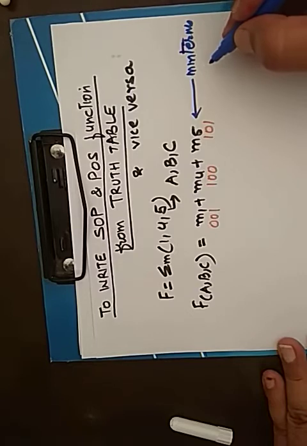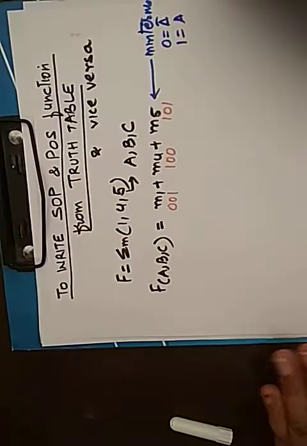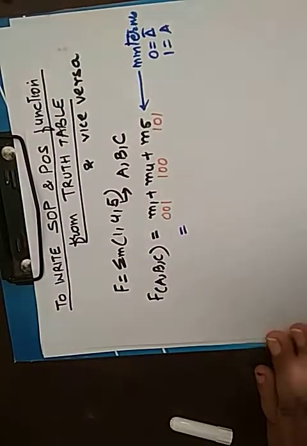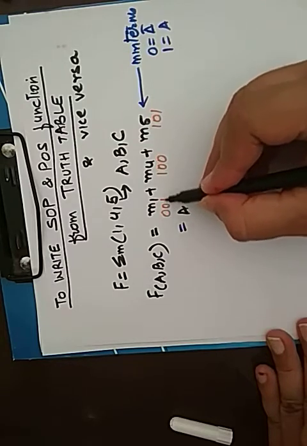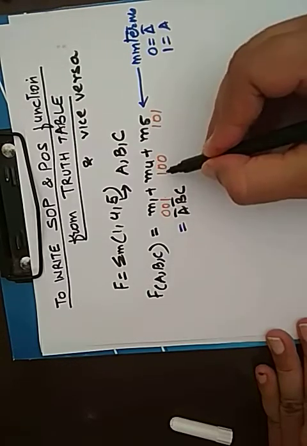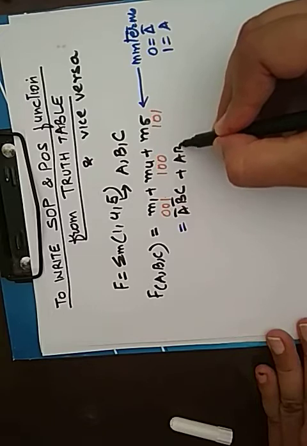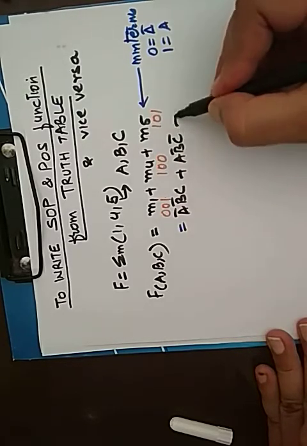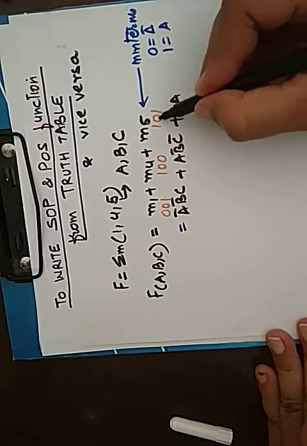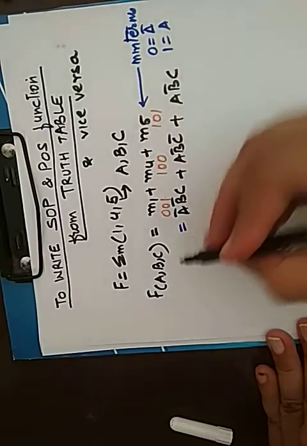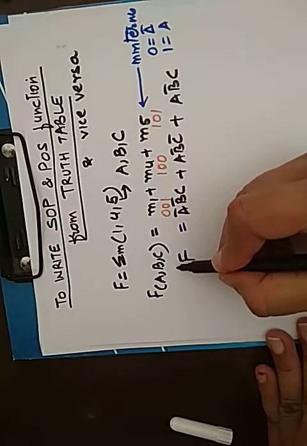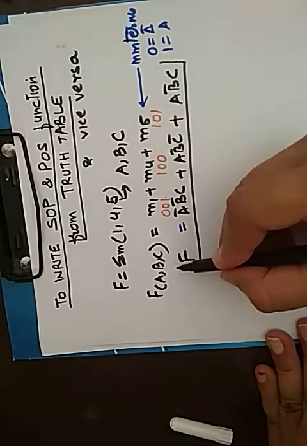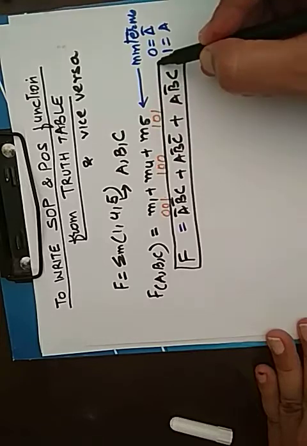In min terms, the rule is 0 is bar, 1 is not bar. So conversely, if you have this, you know that this is nothing but A bar B bar C plus A B bar C bar plus A B bar C, and here you have F. So this gives you the standard SOP form.